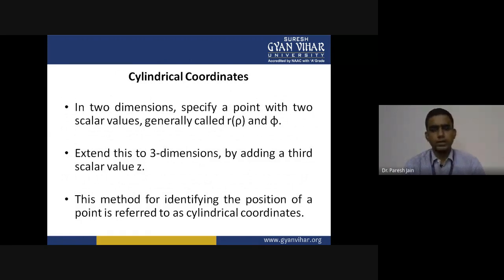Then we extend this to the third dimension by adding a third scalar value z, which comes from our rectangular coordinate system. This method for identifying the position of a point is referred to as cylindrical coordinates.